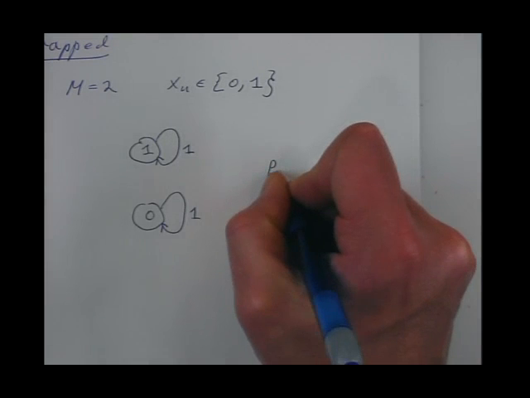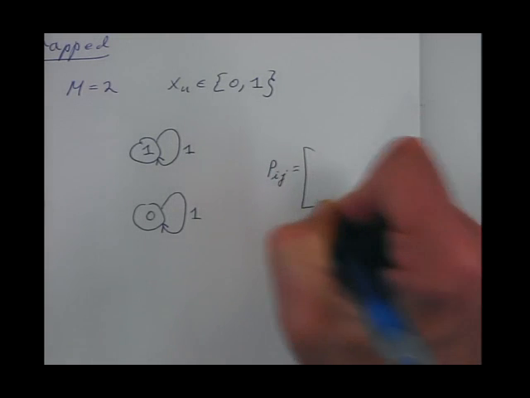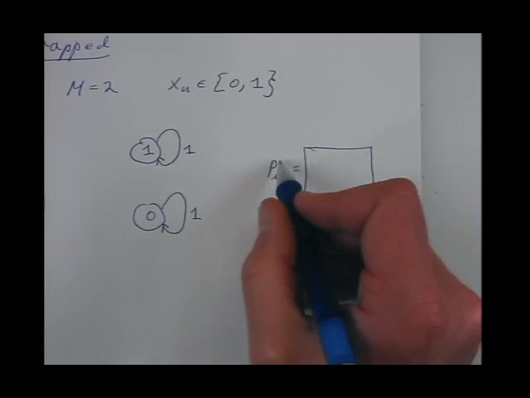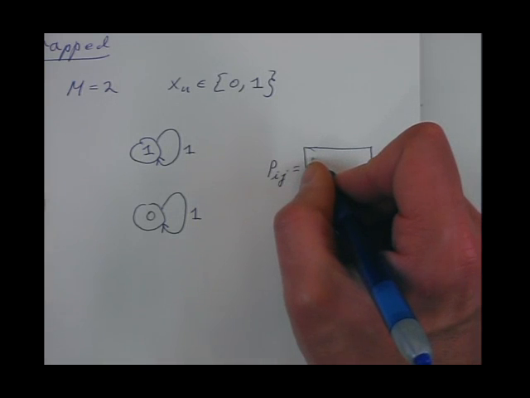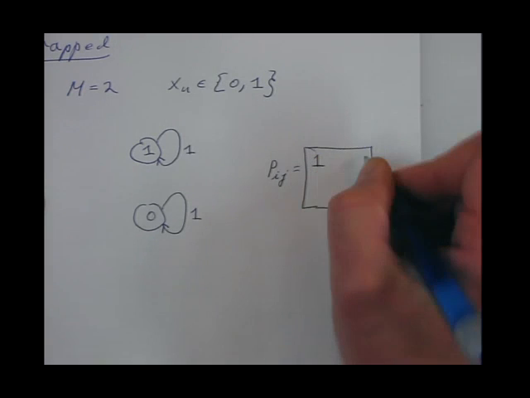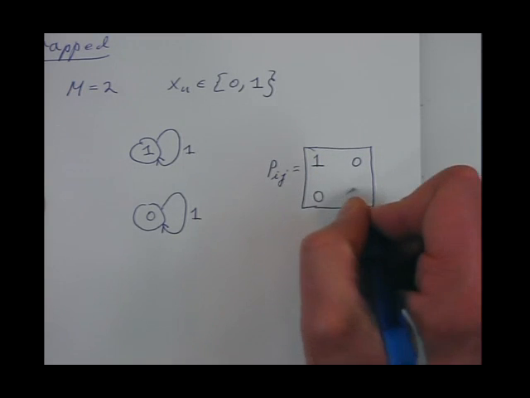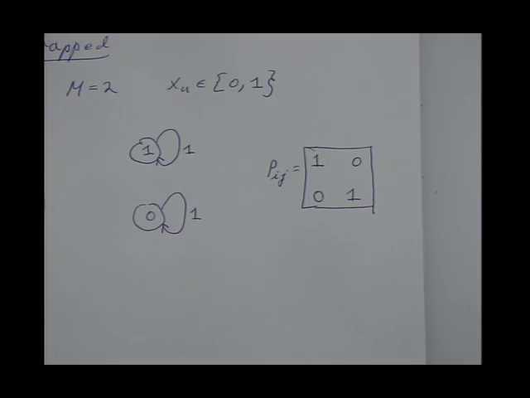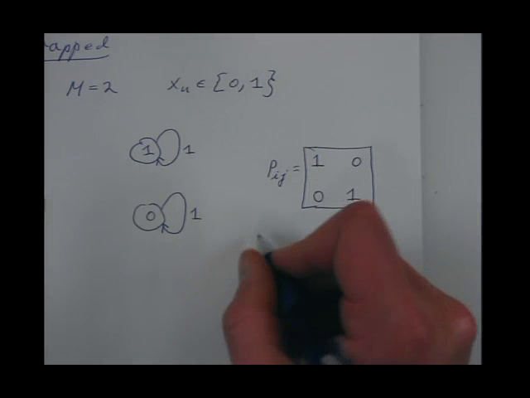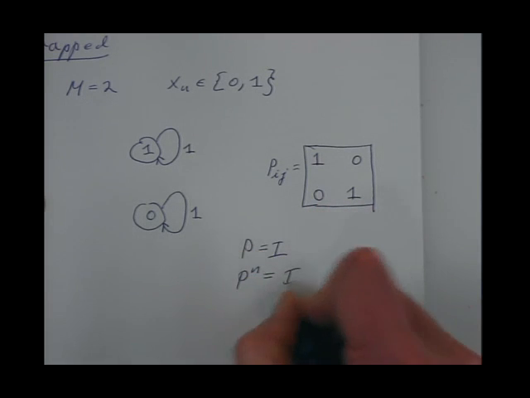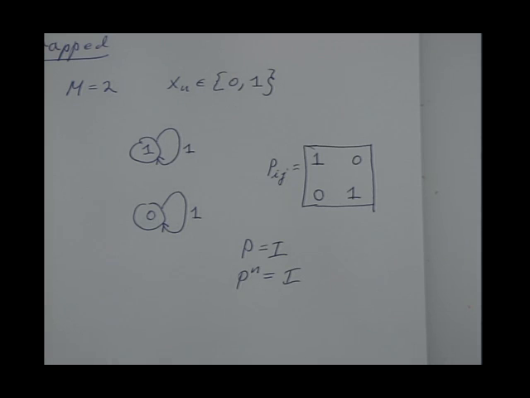So the transition matrix for this, P_ij, this is the input state and that's the output. If you start in state 0, then you'll always go back to state 0 with probability 1. So this is going to be a 1 and that's going to be 0. If you start in state 1, then you go back to state 1 with probability 1, because that's the transition matrix, right? It's the identity. And then P equals I, so P to the n also equals I. So whatever state you started in, you just end in.